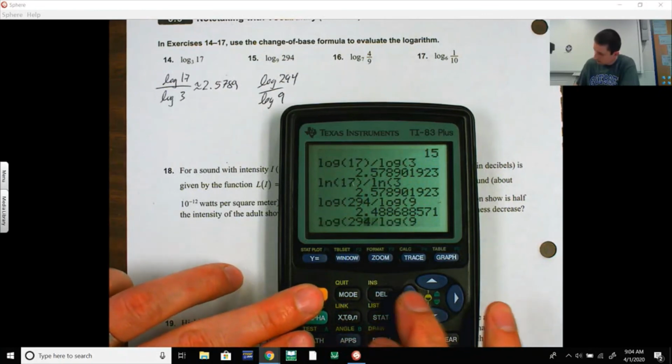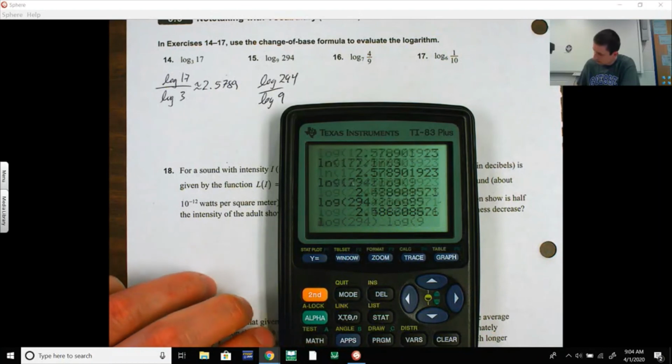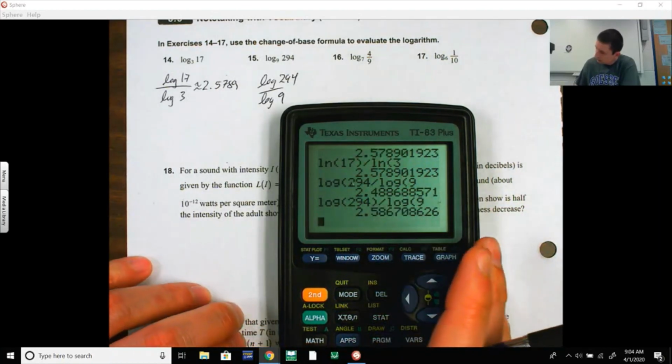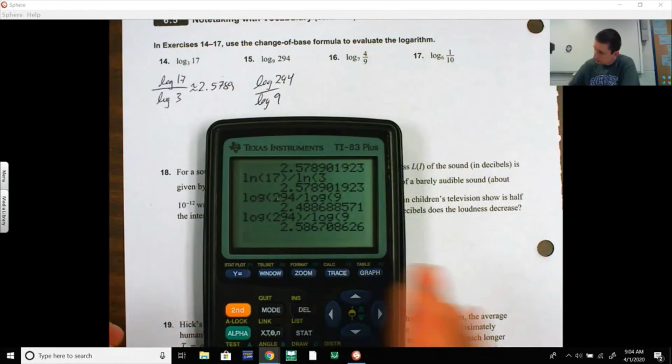Make sure I put this in here. See if that changes it. You need to close that first parenthesis. 2.5867.